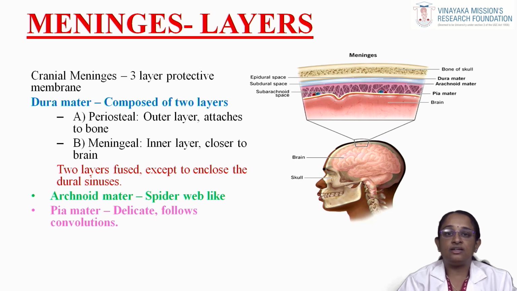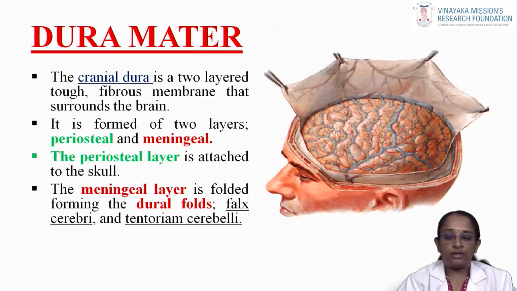Only at that region are the outer periosteal layer and the meningeal layer separate. Next is the arachnoid mater, then the pia mater, which is the innermost layer. As it is the innermost layer, it is delicate. The dura mater, as the outer layer, gives protection to the organs.